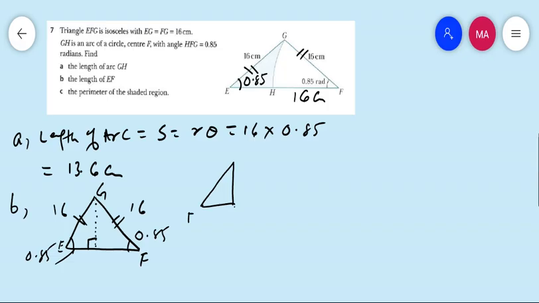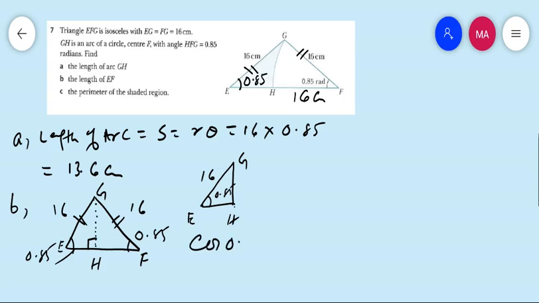This is E, this is G, and then assign the name H. This is H, already assigned 16, and this angle is 0.85. Now use cos theta.